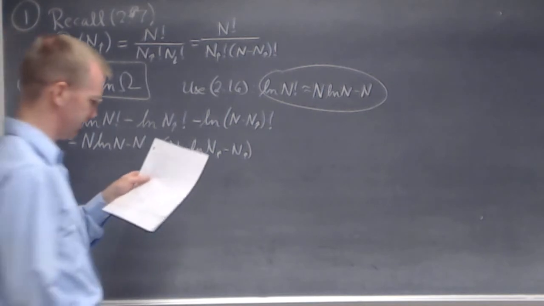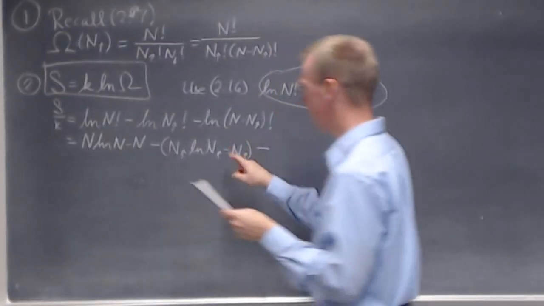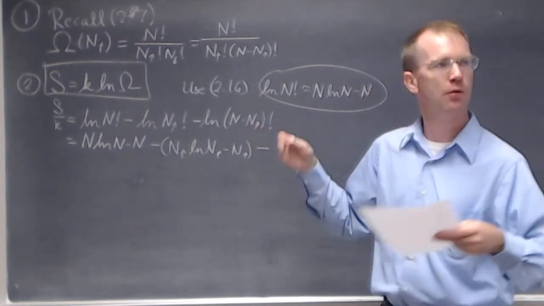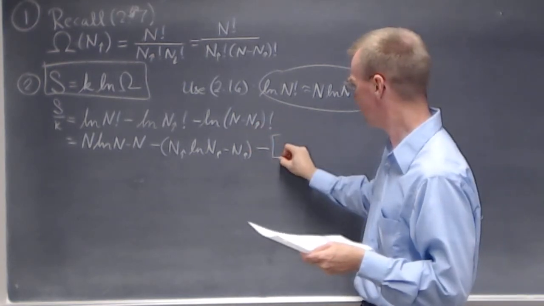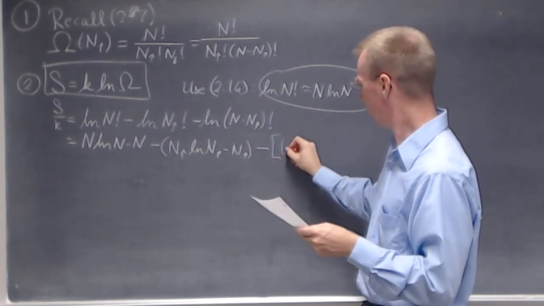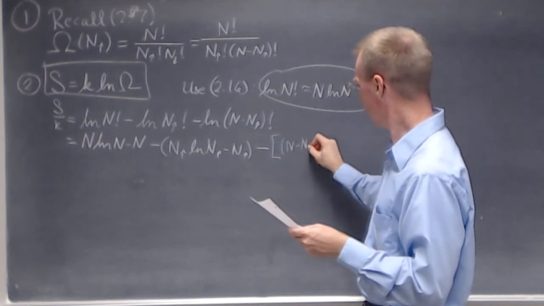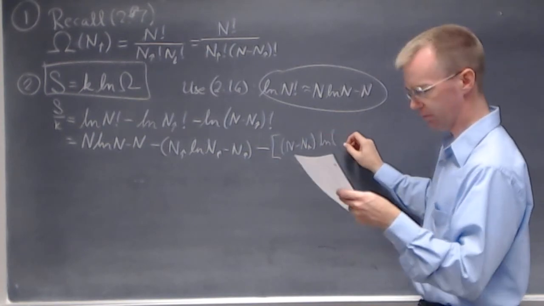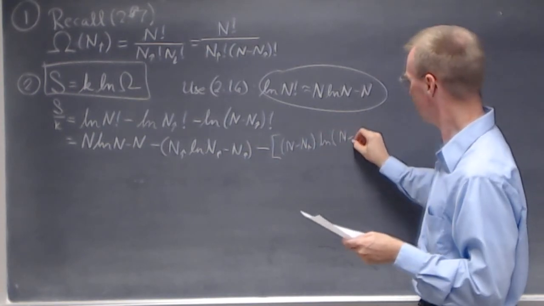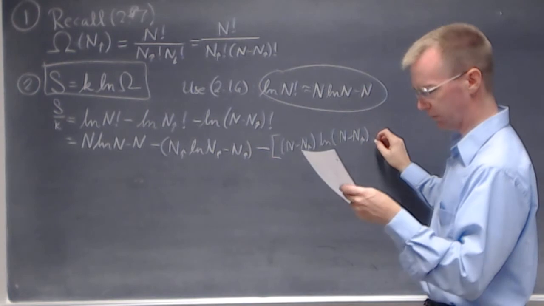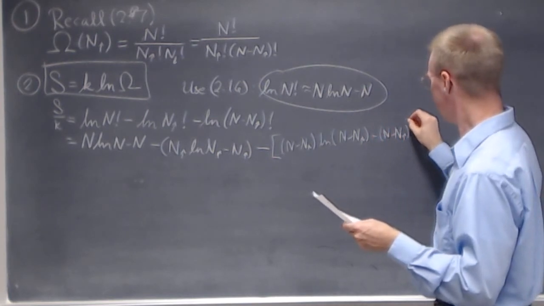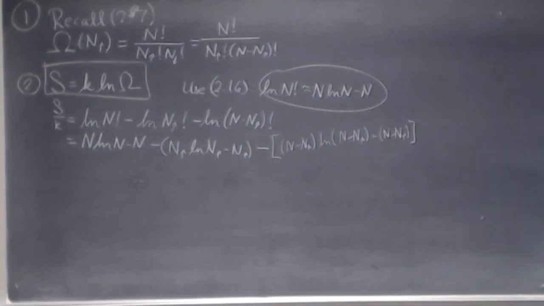Third term, somewhat messy. We've got a minus sign overall, and we've got the parentheses already in there, so I'll put it in square brackets. Okay. N minus n up, log n minus n up, minus n minus n up.